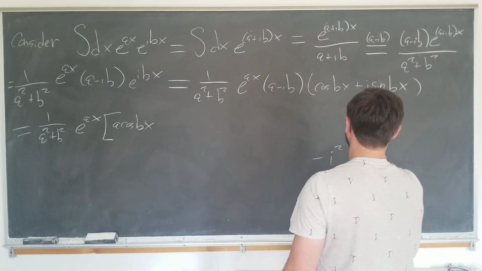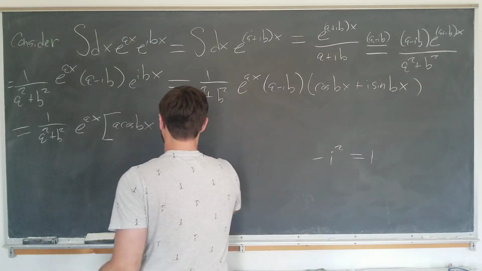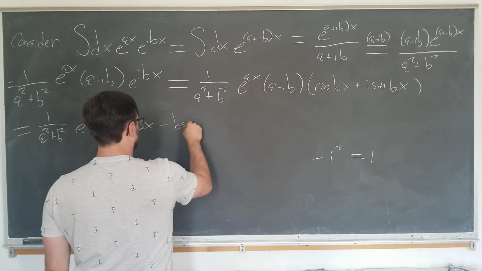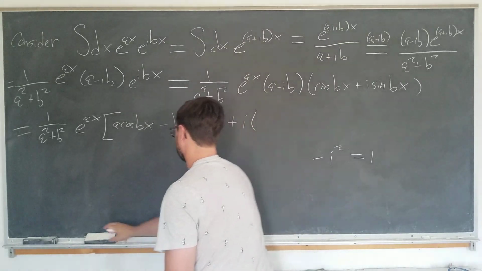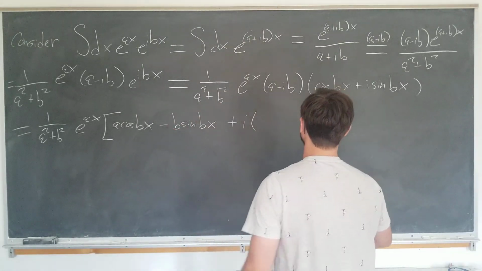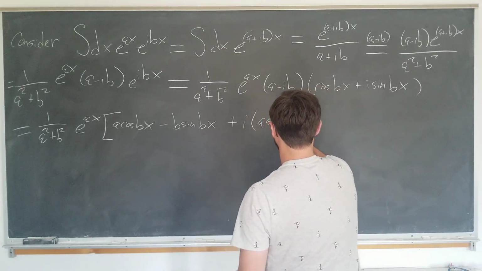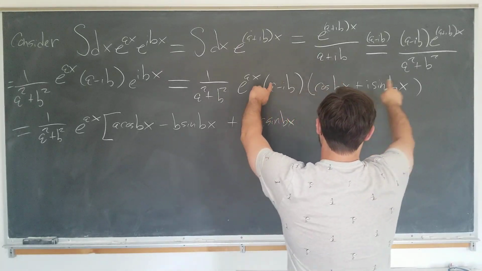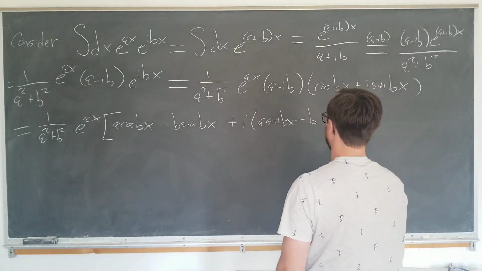Minus i squared is equal to 1, of course. Yeah, it's going to be minus b sine bx. And now for the imaginary component, we're going to have a sine bx. Got that one. And we have a minus b cos bx.